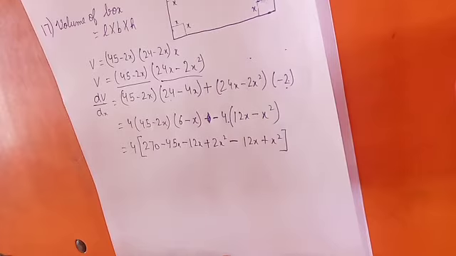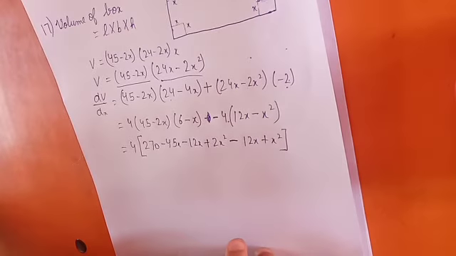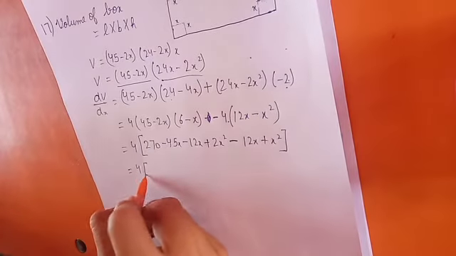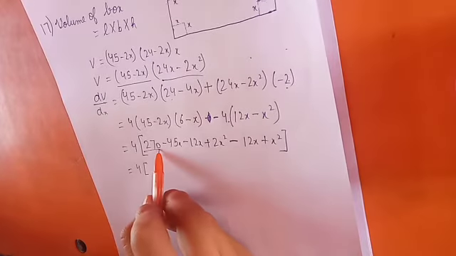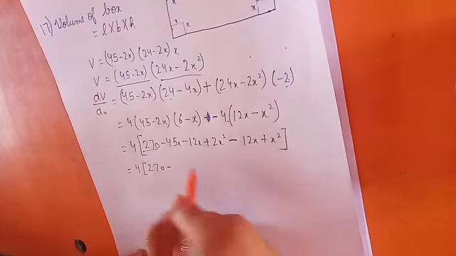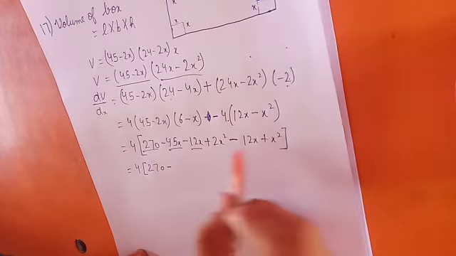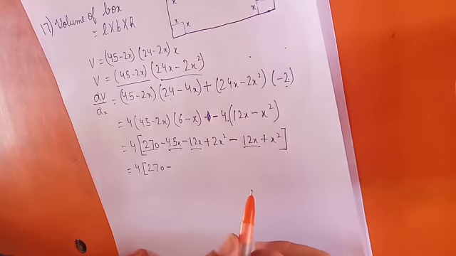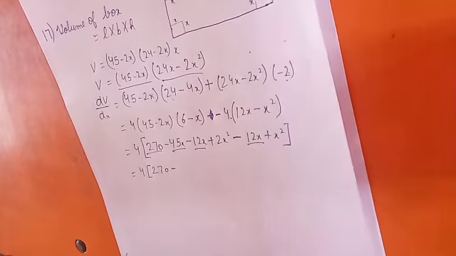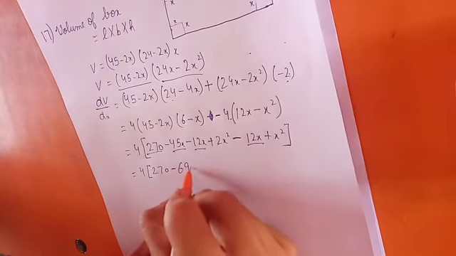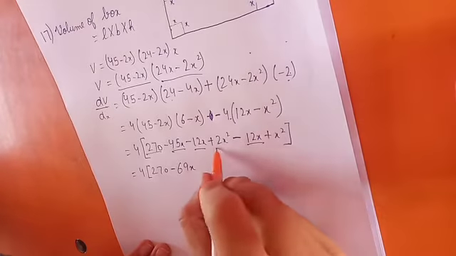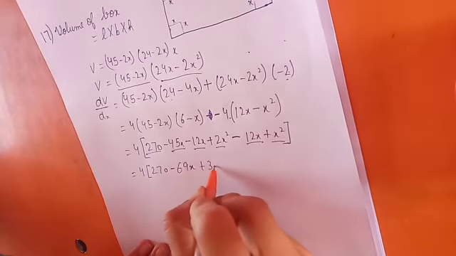Okay, clear till here? Now we will simply add them, so it will be 270 minus 45x minus 12x, that means 45 plus 24, that will be minus 69x. And the remaining is plus 3x square.